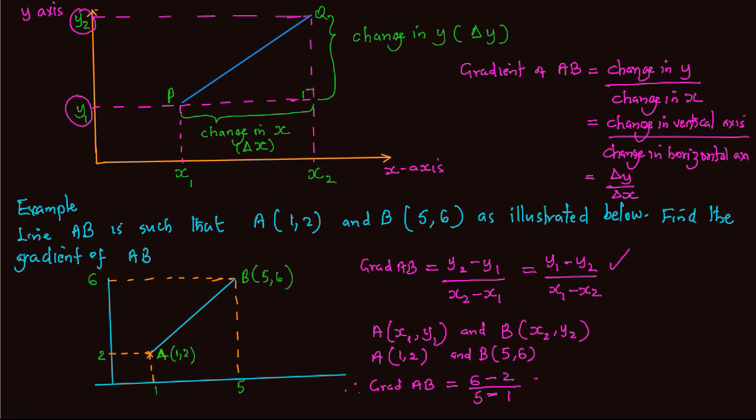And we have said this is also equal to 2 minus 6 over 1 minus 5. And this gives us the gradient of AB to be equal to negative 4 over negative 4, and that is equal to 1.